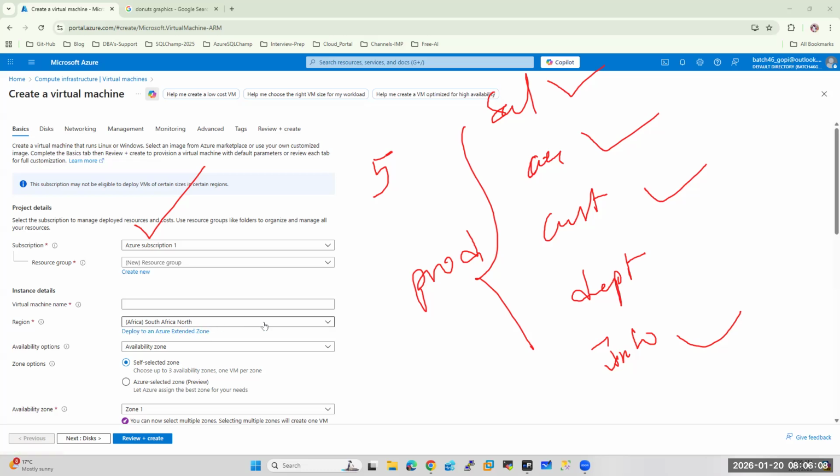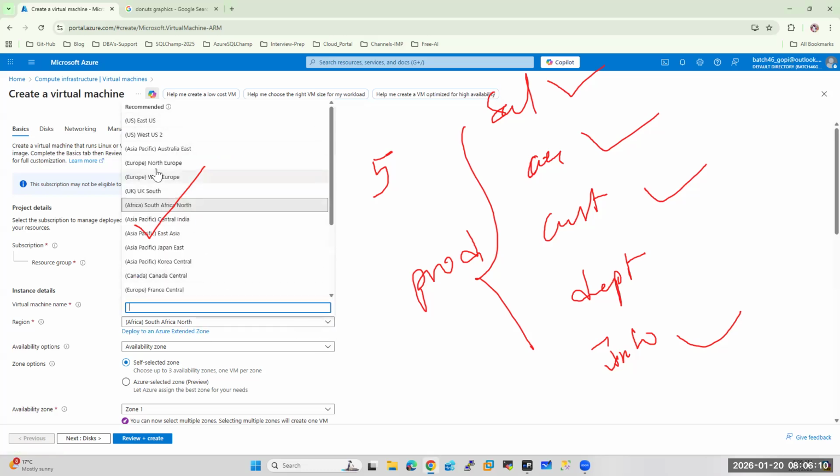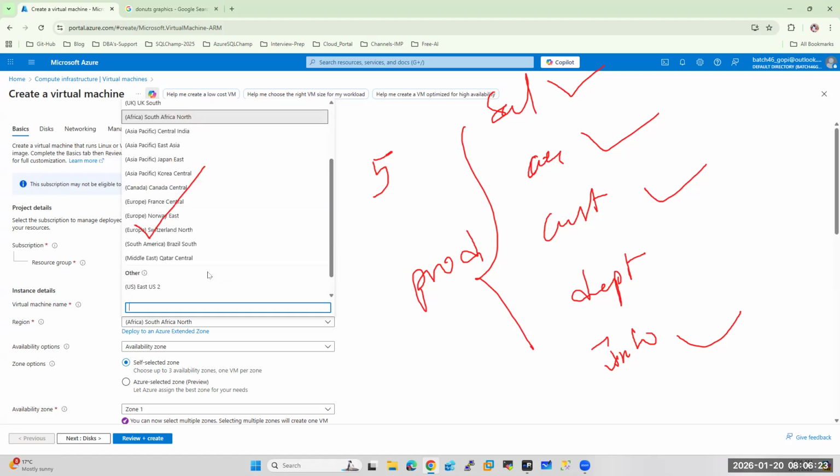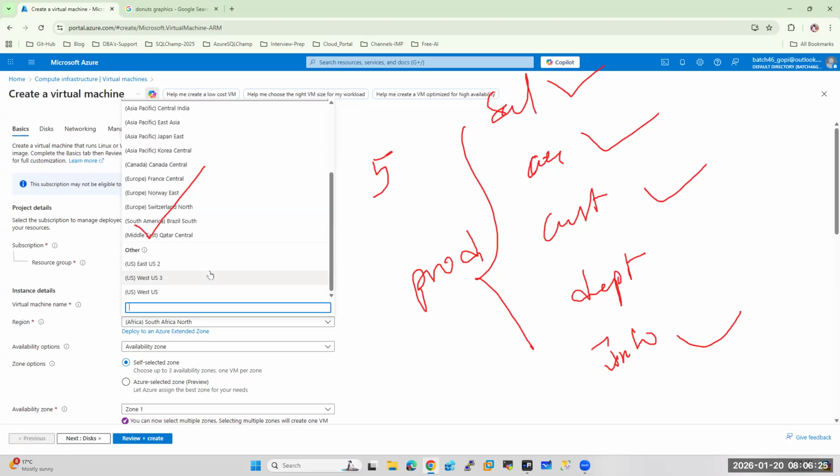We have many regions, like US, West US, Australia, North Europe, West Europe, UK South, South Africa, Central India, East Asia, Japan, Korea, Canada, France, Qatar. So you have multiple regions, and you can deploy your resources to any one of them.